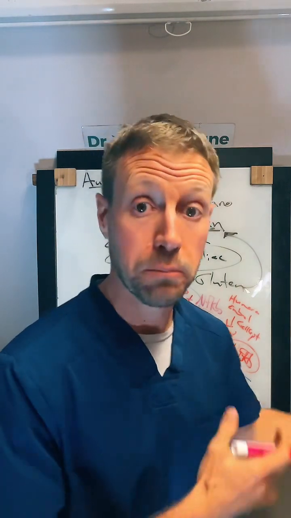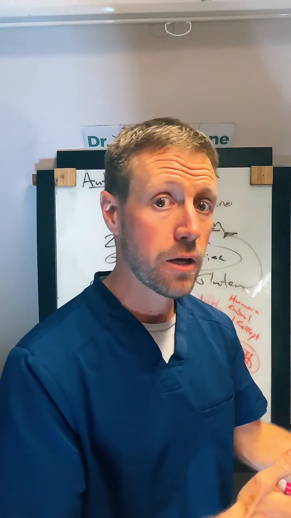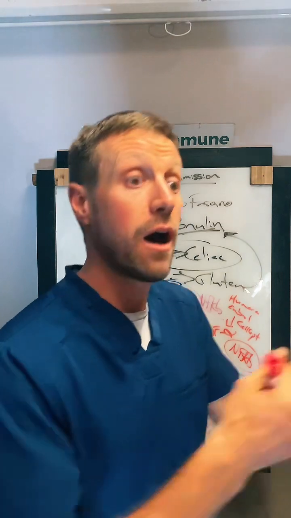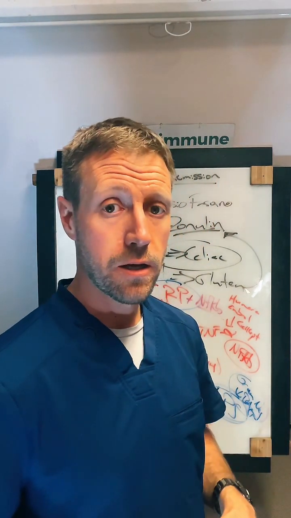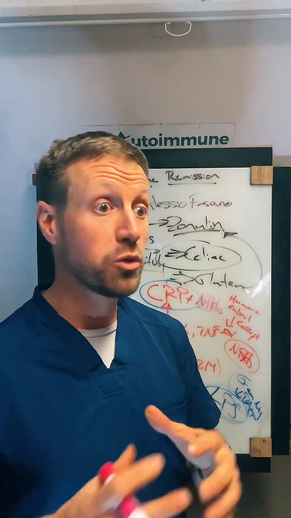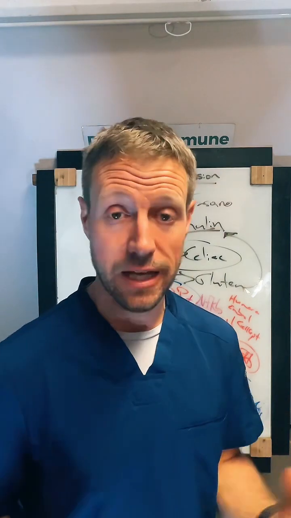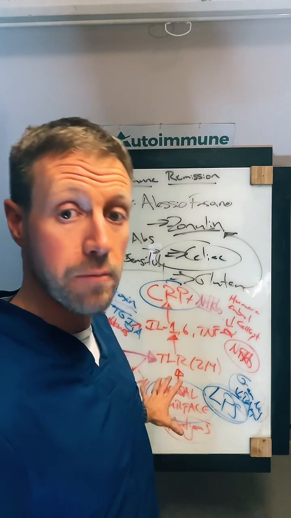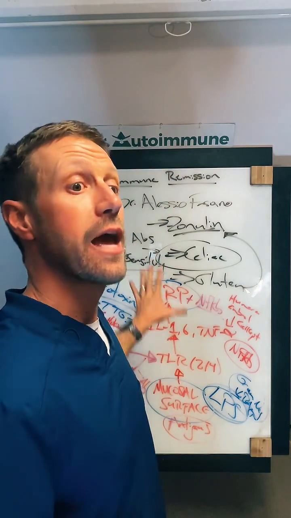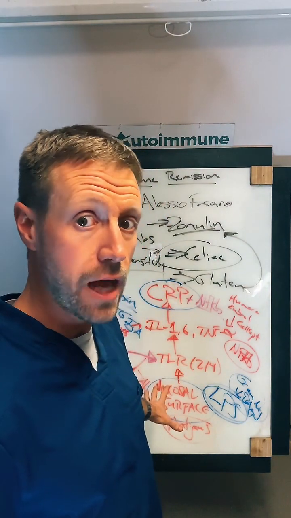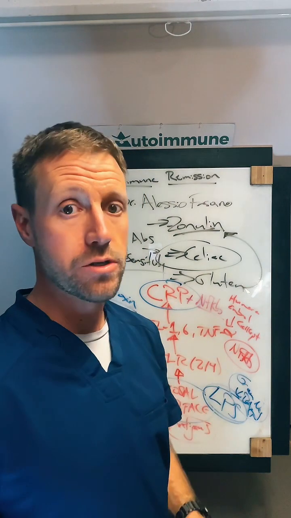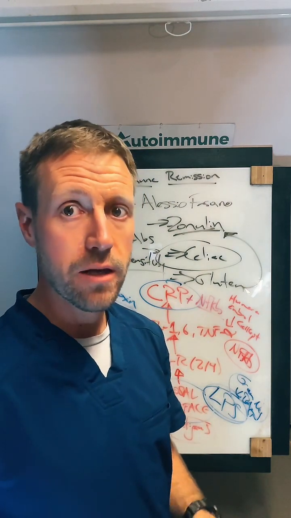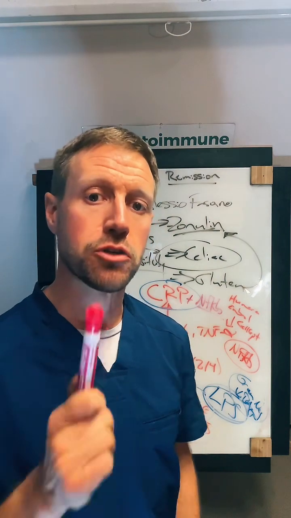Because of your genetic predisposition, not because you only have these genes and you're destined to get autoimmunity, but because genetic predisposition with environment and triggers and leaky gut all combined together, that's what turns on the process of autoimmunity. But you can put it into remission.